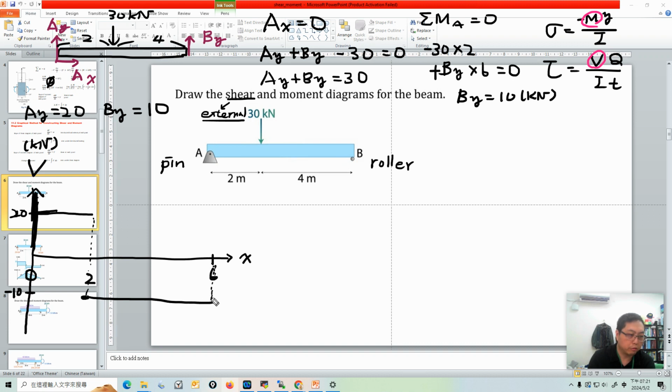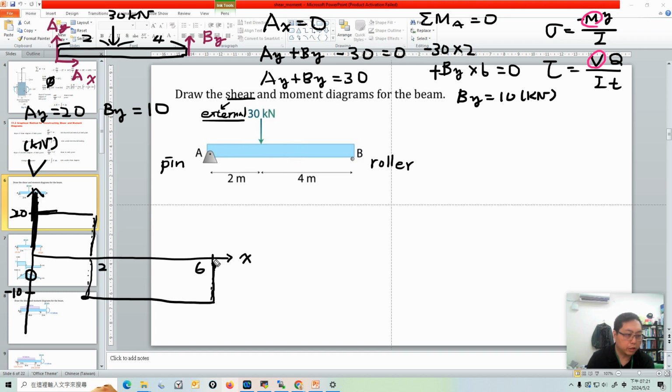I think we should draw it like this. It must go back to 0, or if it doesn't, that means you are not in rigid body equilibrium.